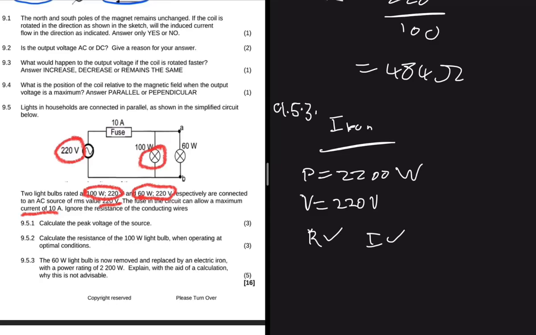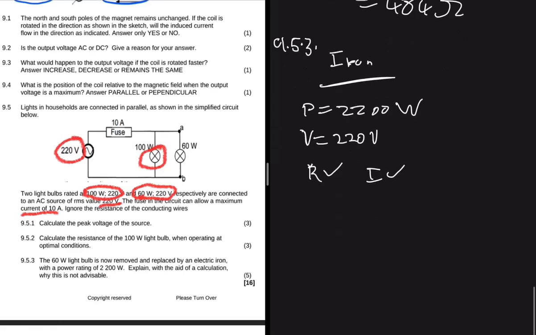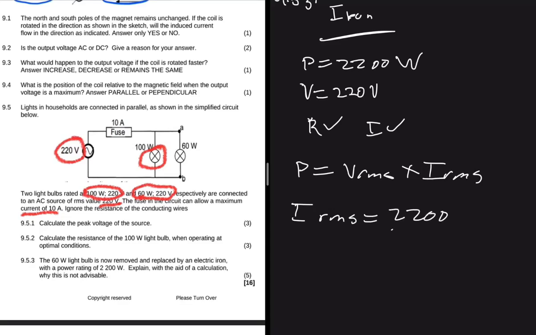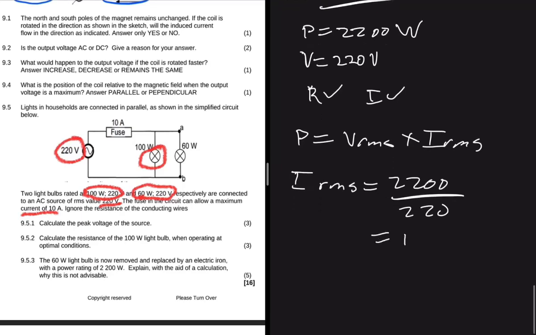But another way of which you can calculate the total current is if we just use the power and the voltage, right? So let's say that the power is equals to VRMS multiplied by IRMS. So our IRMS will be equals to the power, which is 2200 divided by 220, and this will be equals to 10 amps.